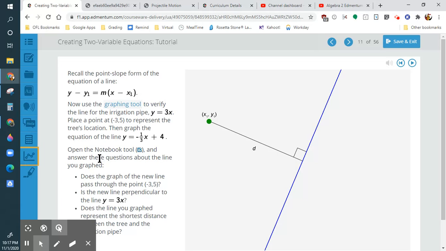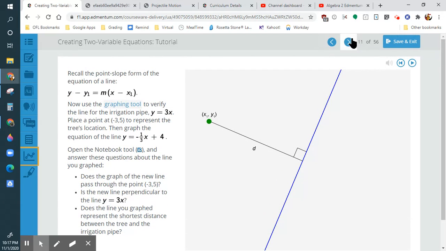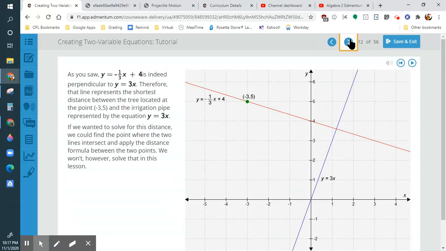I don't even think it lets you use the calculator when you need it on the test. So being familiar with Desmos is going to be a good companion resource. All right, so here we're just talking about slopes, and if we want to find a line perpendicular to something else and including those points, we can use a point slope form.